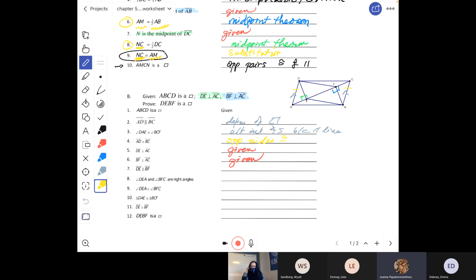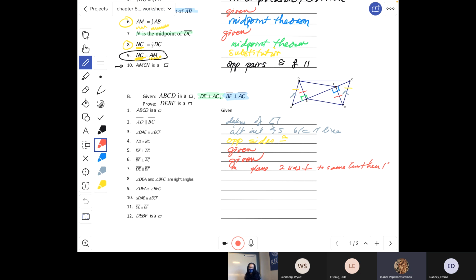And how do we know that DE is parallel to BF? You want the parallel to the same line. Okay. So in a plane, lines perpendicular to the same line are parallel.